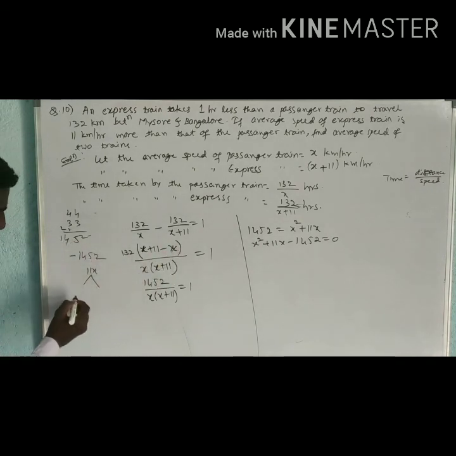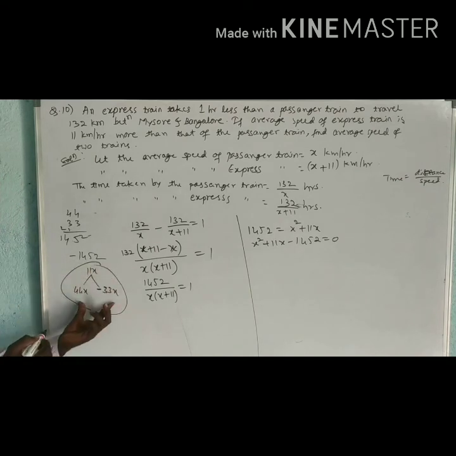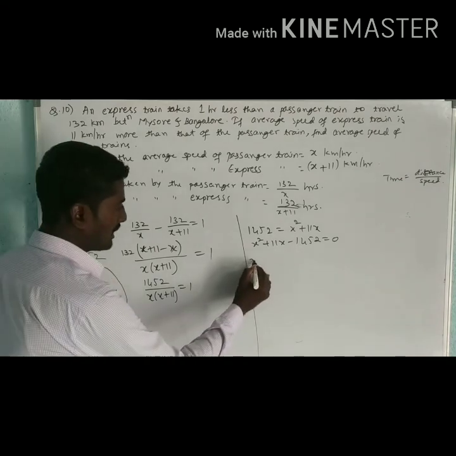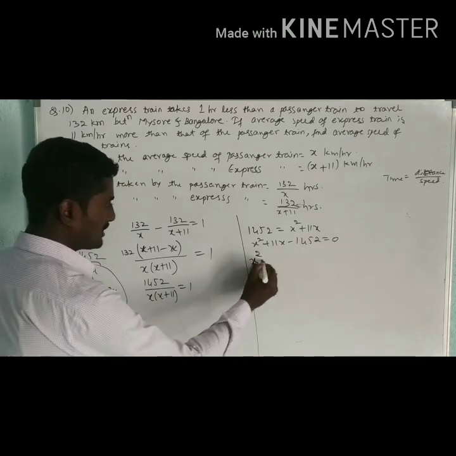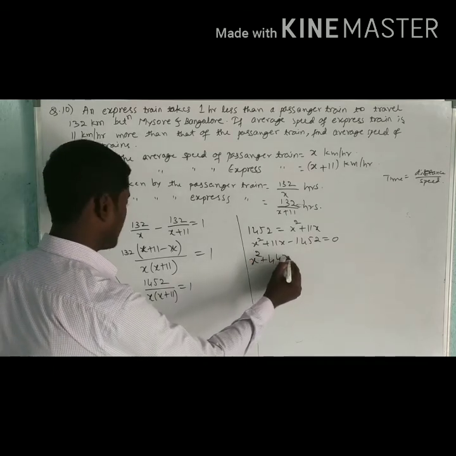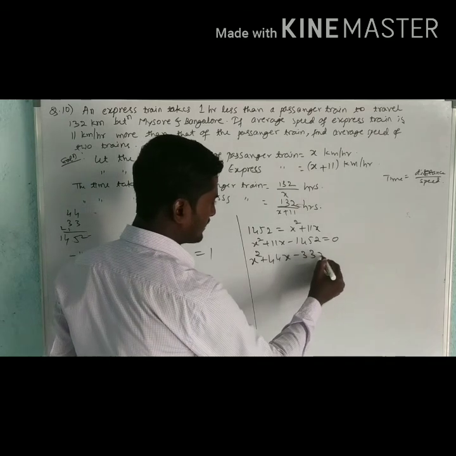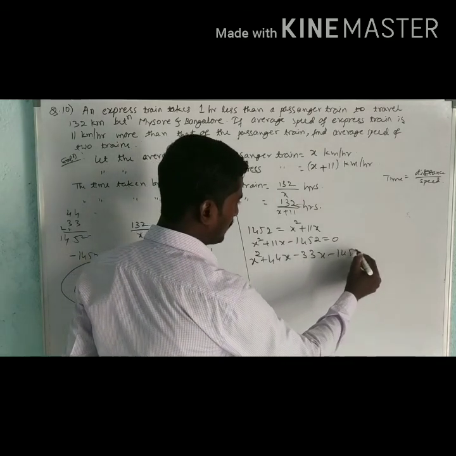So I can take it as 44x, that is plus, and this is minus 33x. So in place of 11x I can write these two terms: x square plus 44x minus 33x minus 1452 is equal to 0.